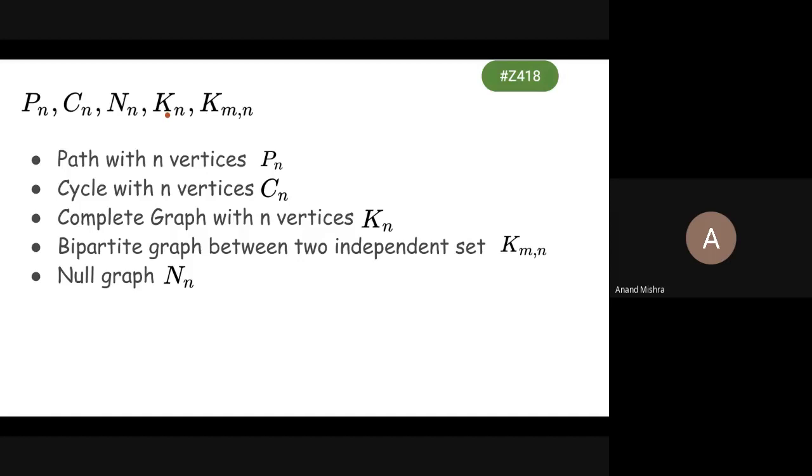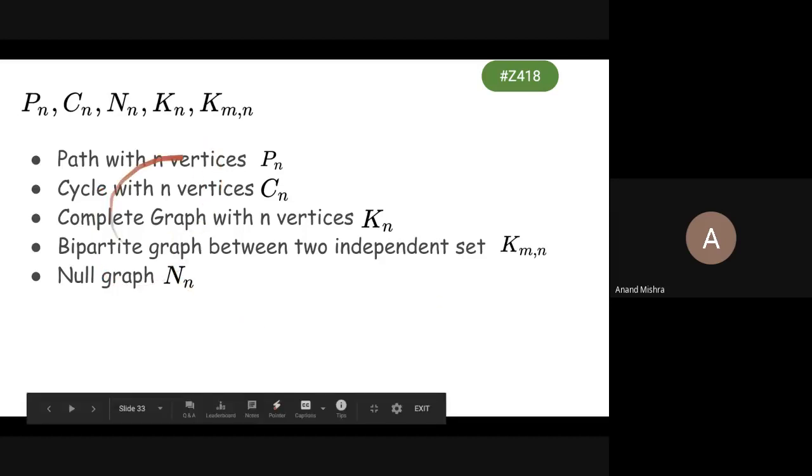K_n is the complete graph with n vertices. K_m,n is a bipartite graph between two independent sets of size m and n, right? So the two sets in the bipartite graph are of size m and n. These are notations you should definitely remember because they will be used.